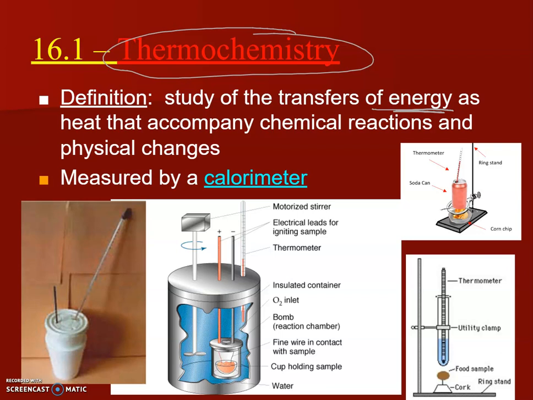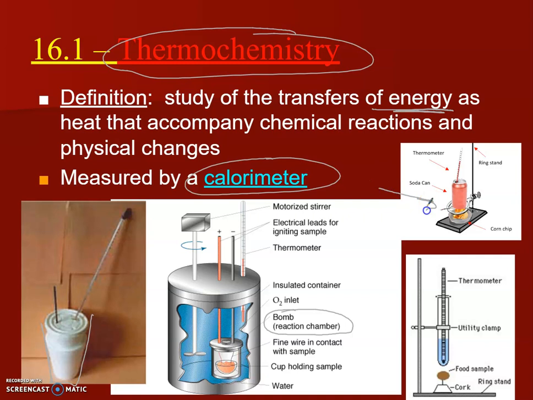We briefly introduced this way back in Chapter 2 at the beginning of the year, where we started to talk about calorimeters and those different types of physical properties. We used a styrofoam cup calorimeter. This here is a picture of a bomb calorimeter, which is not actually making a bomb, but is the name for the reaction chamber, so that you can see what the difference in energy is going to be.